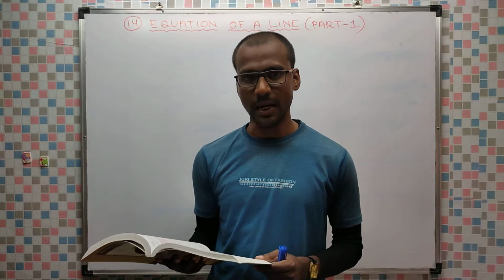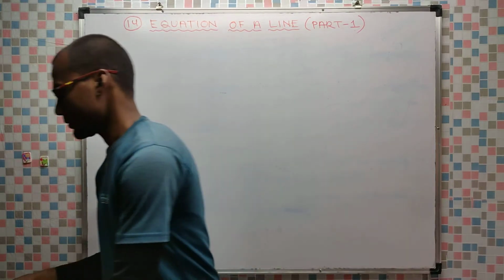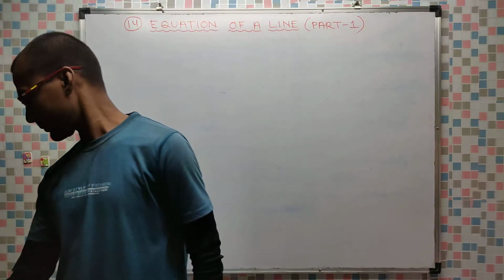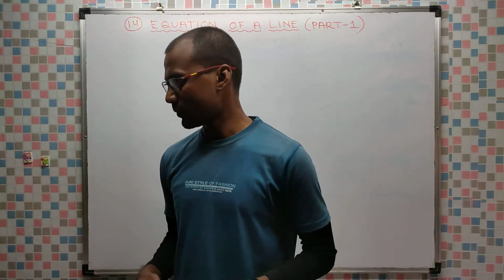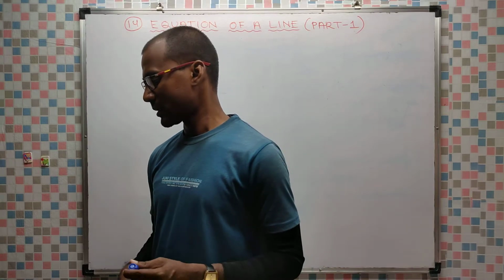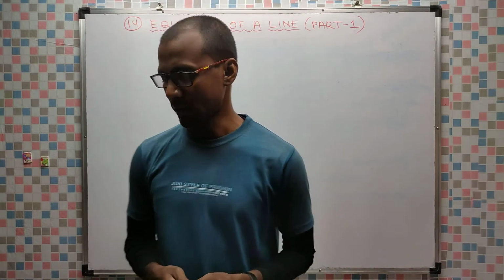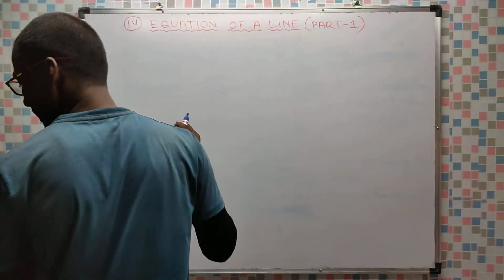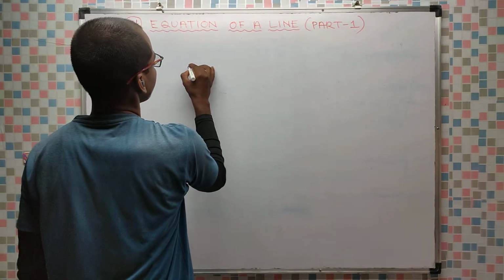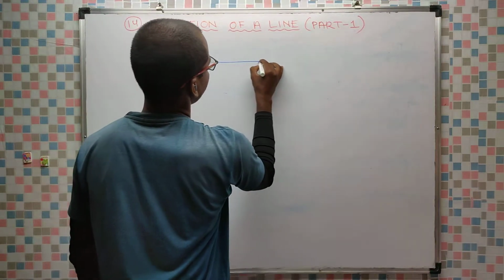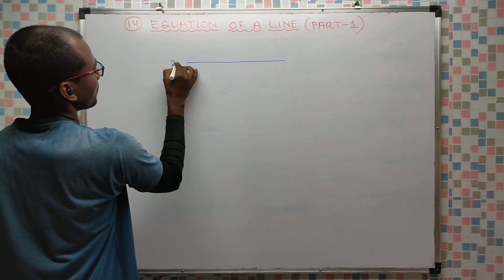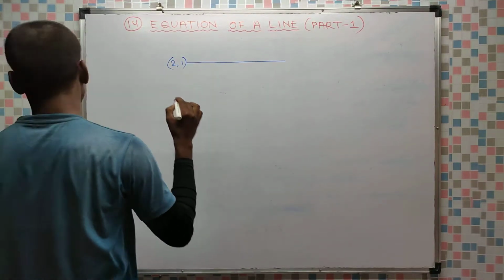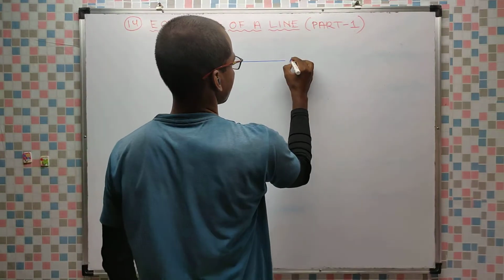Sorry, question number 9. Okay, let us move to question number 9. The point P divides the join of (2, 1) and (minus 3, 6) in the ratio 2:3. So it is given that there is a line segment. The end points are (2, 1) and (minus 3, 6).